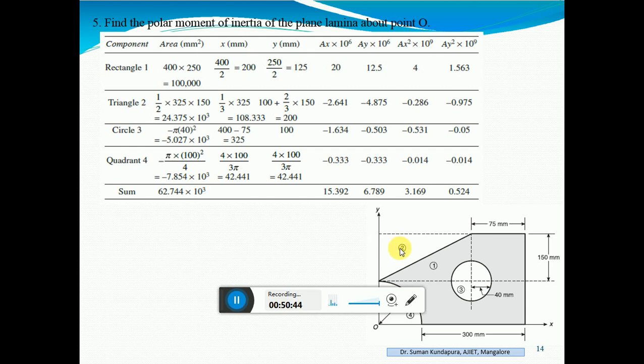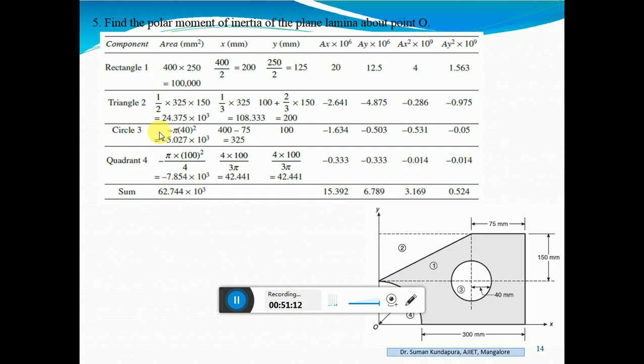From this side it is 1/3 of the base, 1/3 of 325, which is 108.33. I have told you from the apex side it is 2/3, whereas from the base side it is 1/3.